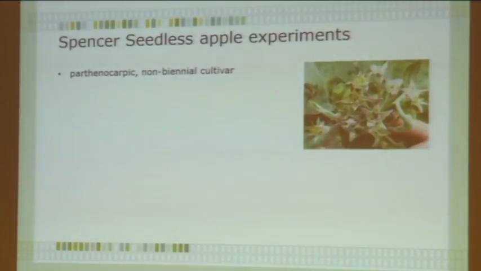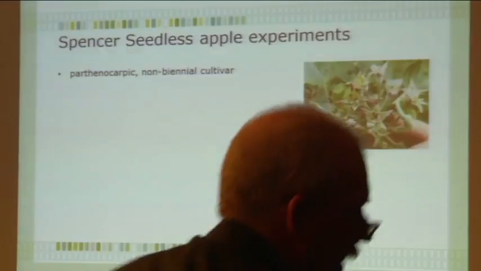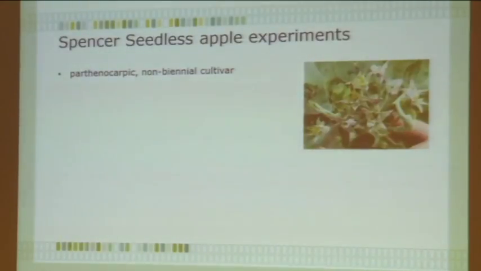Now, how do we want to go forward? We initiated a big experiment this year where we're looking at Spencer Seedless. Spencer Seedless is not a commercial apple variety, it's an old English variety, but it's a fantastic cultivar to study biennial bearing in apple.